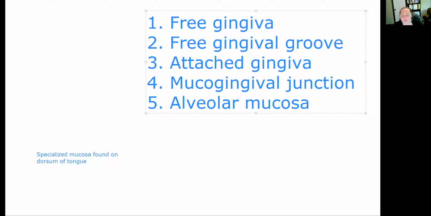All right. And can somebody describe what passive eruption is? The apical movement of the attachment epithelium. Okay. So what is happening during this time? When does this happen?